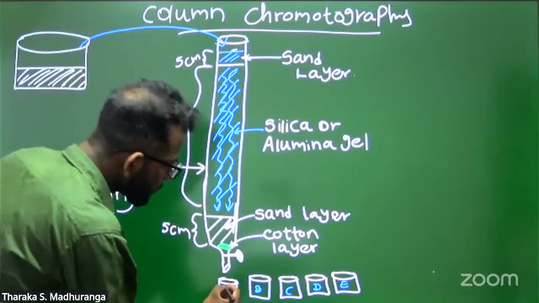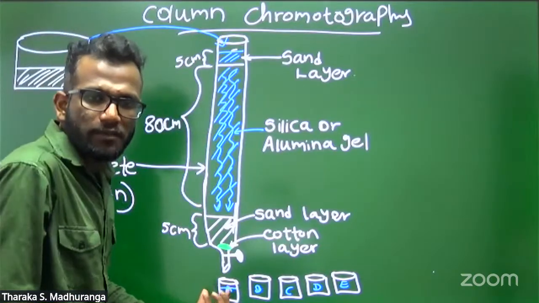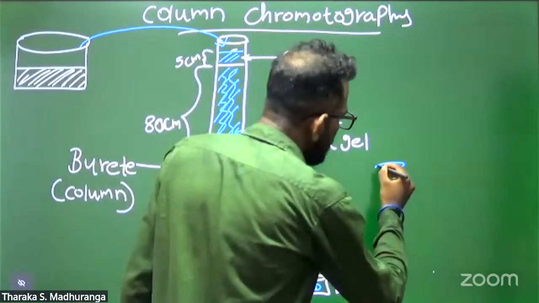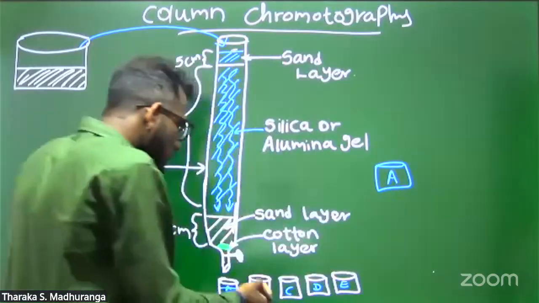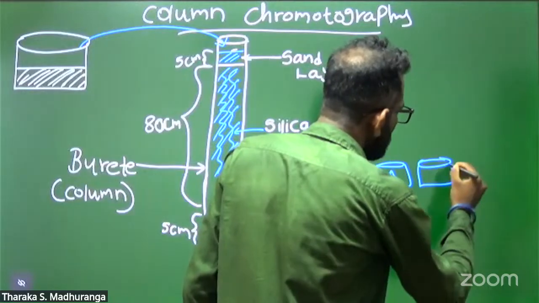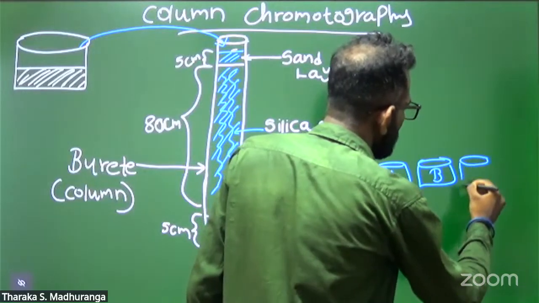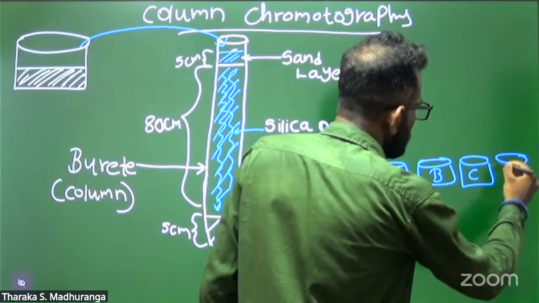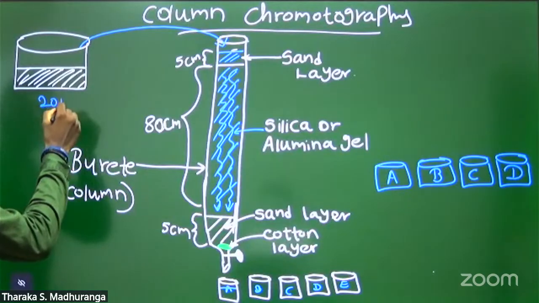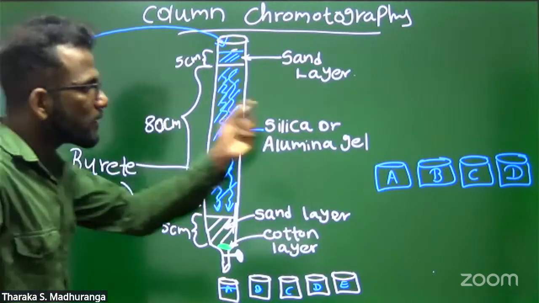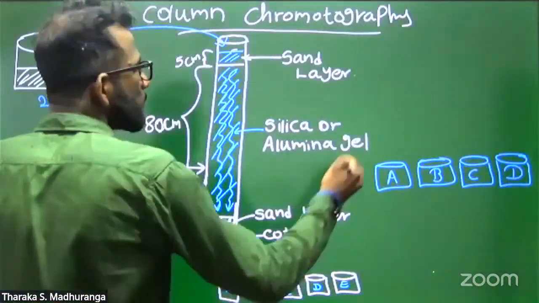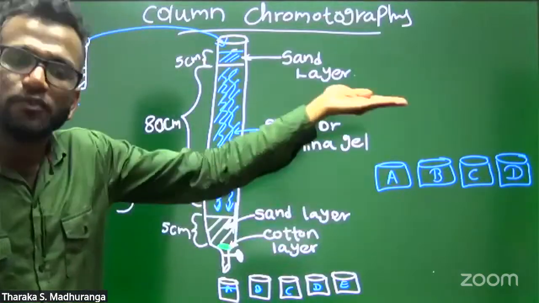Then after 5 milliliter is filled in a container, we take the A container out and we go to B. Then after B is filled, we go to the next one, C. Then D. Like this, if it is 20 milliliters of crude product, we can separate our crude product into A, B, C, D, 4 parts of 5 milliliters.